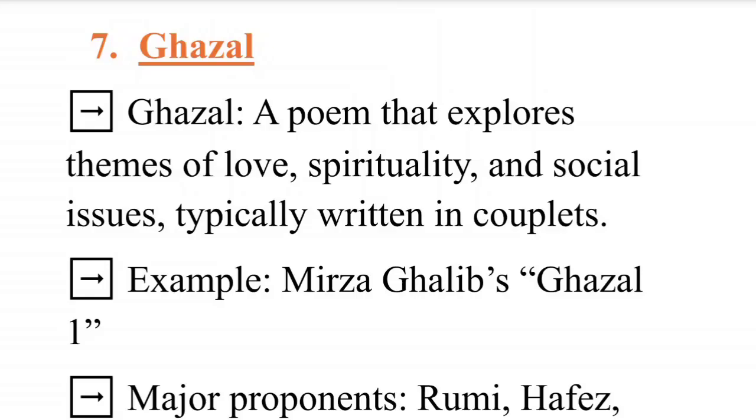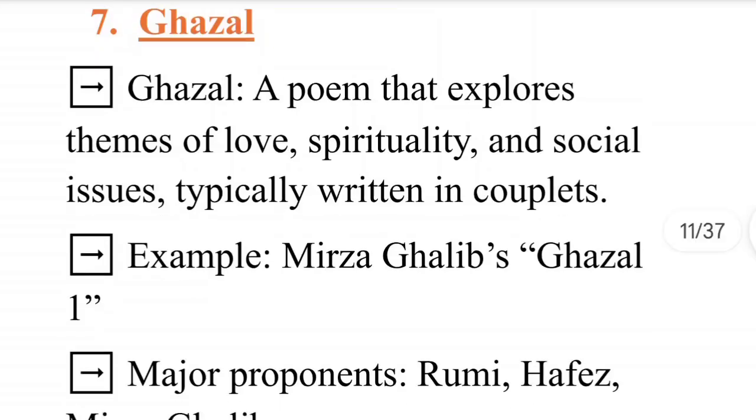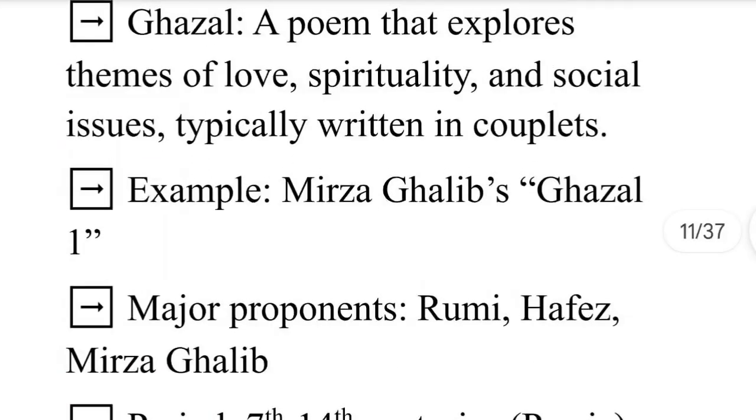So ghazal is written in couplet form, and the major themes of the ghazal are love, spirituality, and social issues. When it comes to the example, Mirza Ghalib's ghazal is the famous example for ghazal. And the major proponents are Rumi, Hafiz, and Mirza Ghalib.